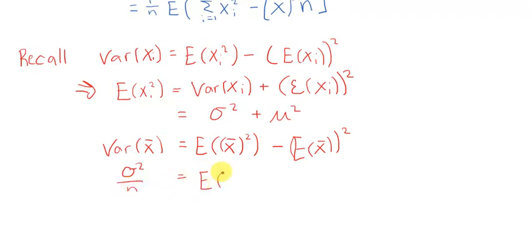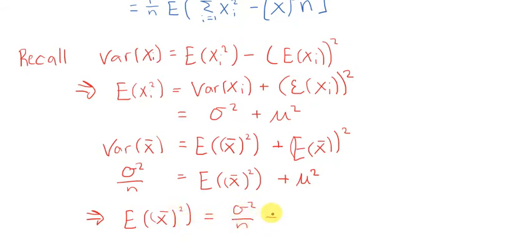The expected value of x bar squared is what we're trying to figure out. We know that the mean is an unbiased estimator for mu, so this just becomes mu squared, which gives us that the expected value of x bar squared is equal to sigma squared over n plus mu squared.